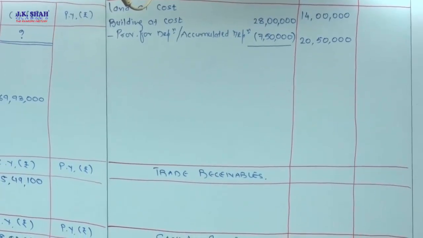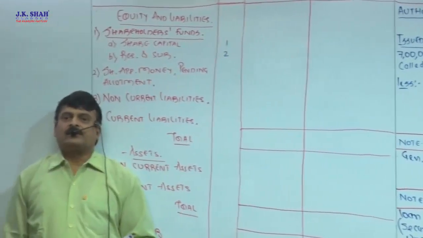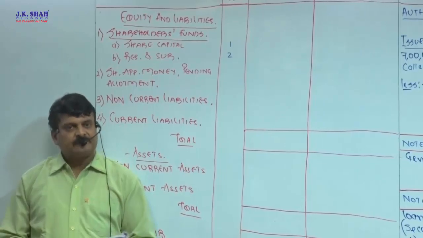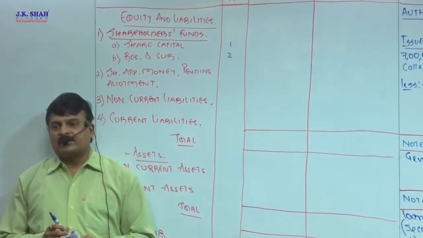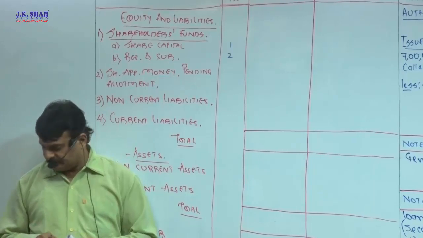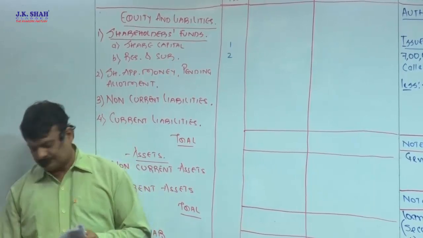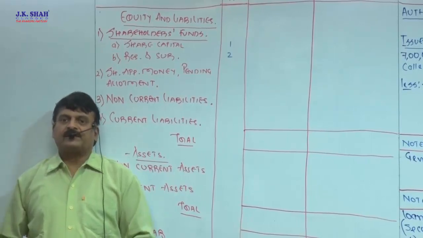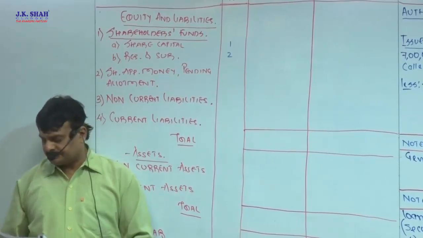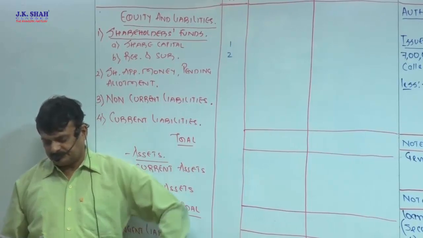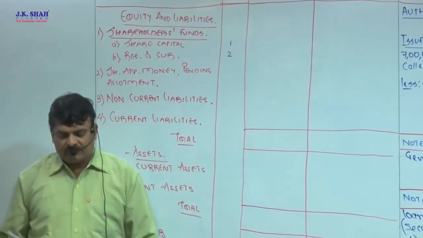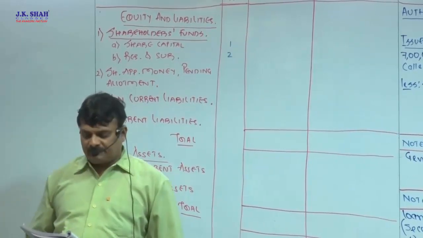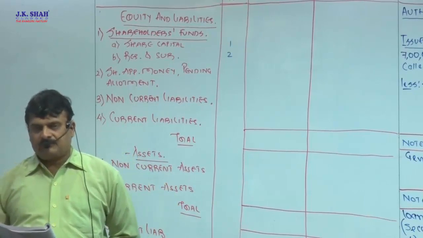Continue. Next, plant and machinery. Same way, tangible assets. Plant and machinery at cost. Cost is 49 lakhs, minus provision for depreciation.